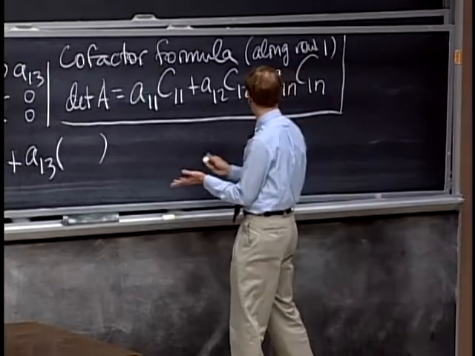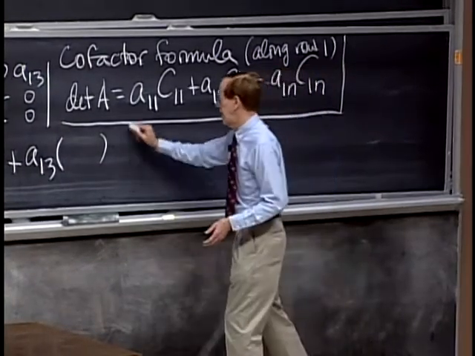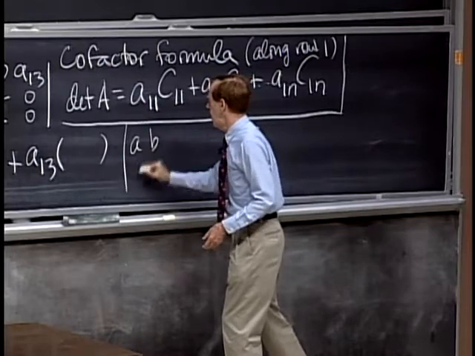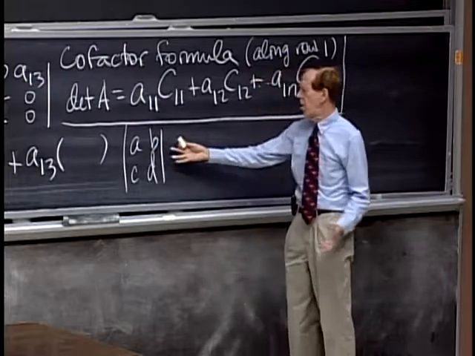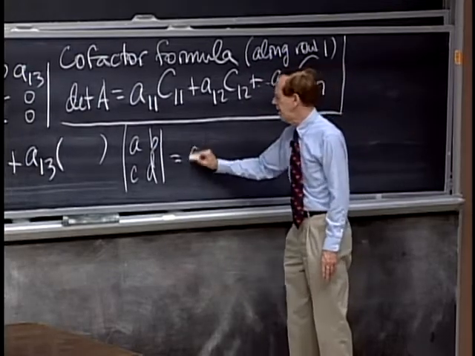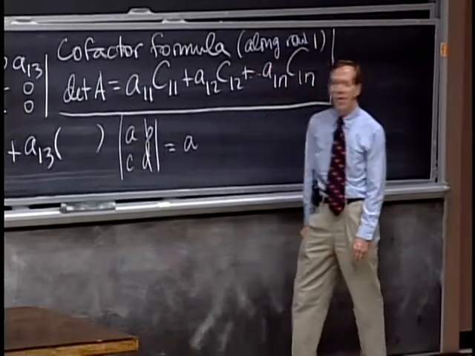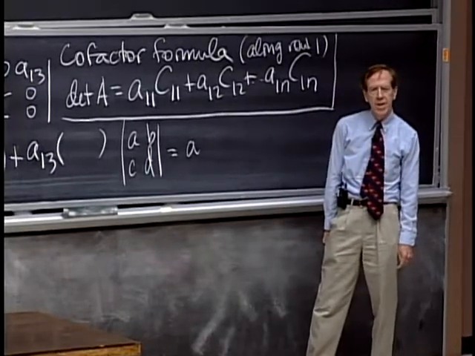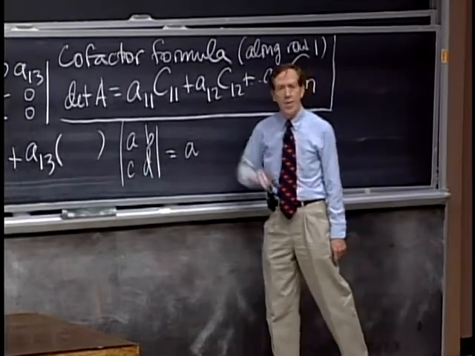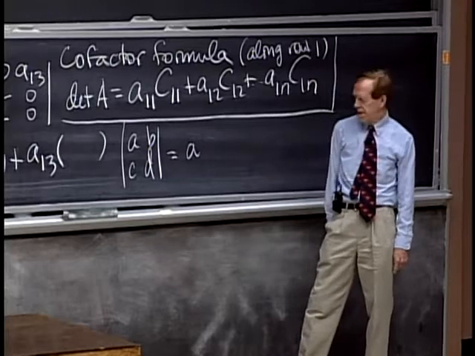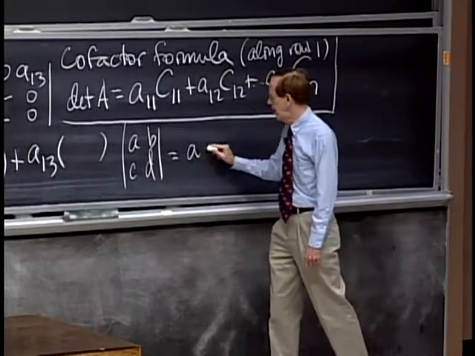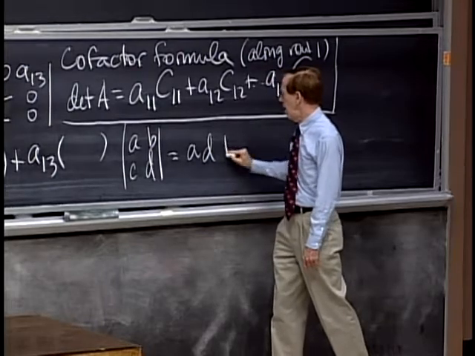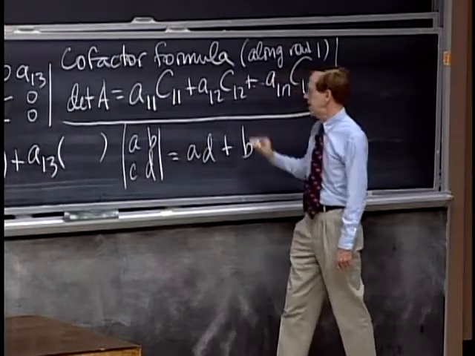So here's the world's smallest example, practically, of a cofactor formula. Okay, let's go along row 1. I take this first guy times its cofactor. What's the cofactor of the 1, 1 entry? D, because you strike out the 1, 1 row and column, and you're left with D. Then I take this guy, B, times its cofactor.